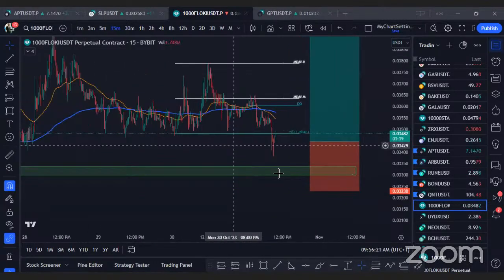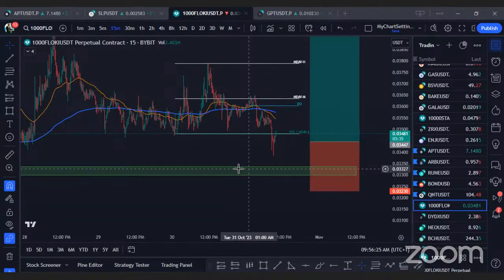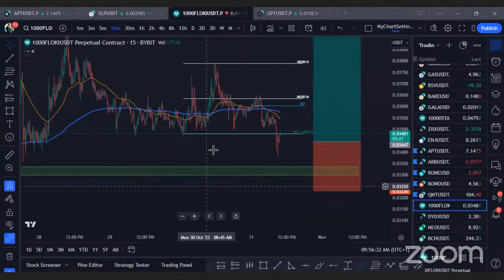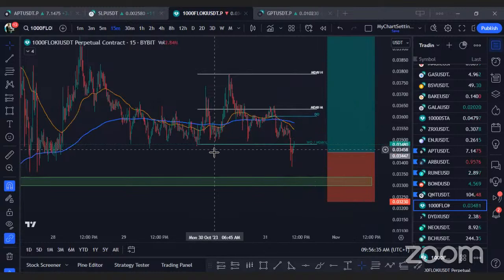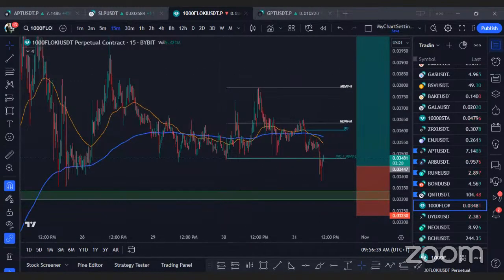Then you wait to re-enter the trade in case we bounce back at this area. If we do bounce back at this area, you re-enter the trade again. So you can take advantage of that for as long as we keep playing around until we get the opportunity to finally jump up. So yes, guys, let's see how that goes.